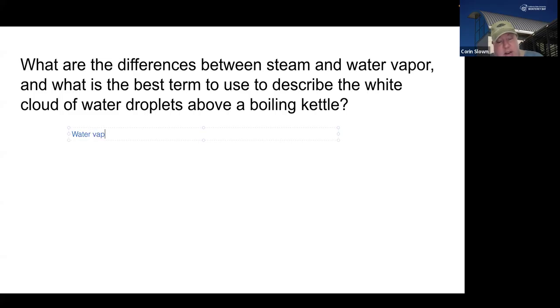So water vapor is a generic term for all gaseous H2O, regardless of temperature, and regardless of whether it's visible or invisible. For example, there's plenty of water vapor in the air.